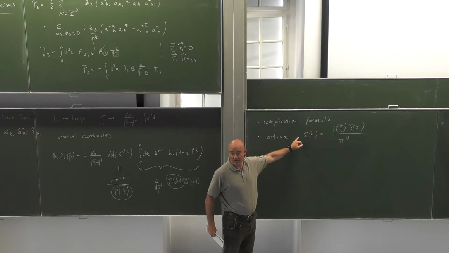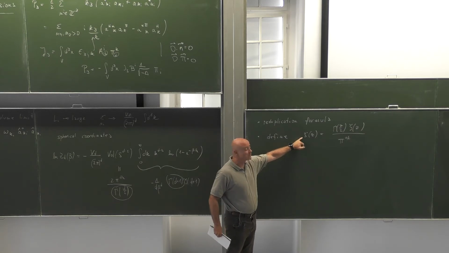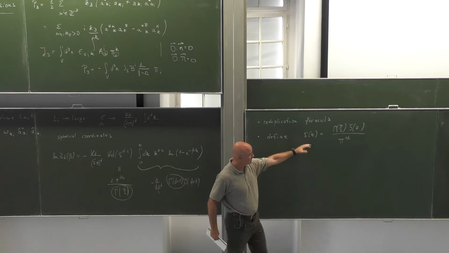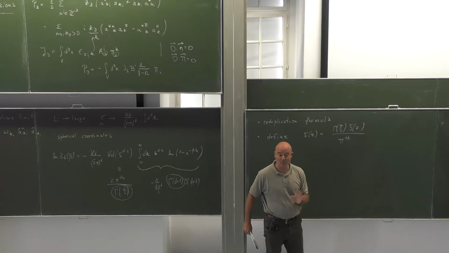And you can also see it's a good combination because all identities, especially ones that we are going to use later, are much easier in terms of this completed zeta function than in terms of the standard zeta function, because lots of factors of gamma and pi go away, if you want.